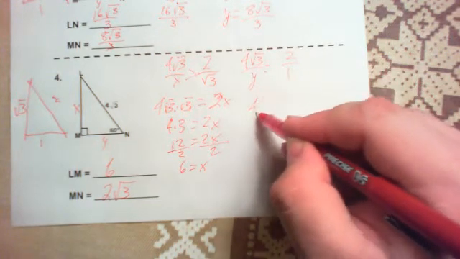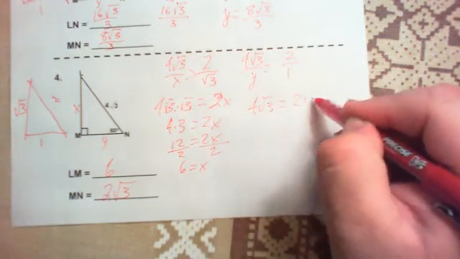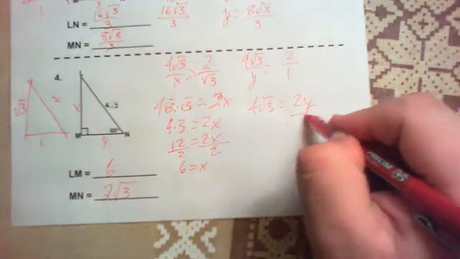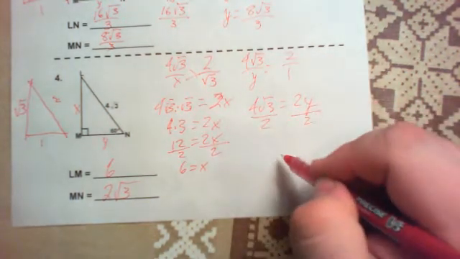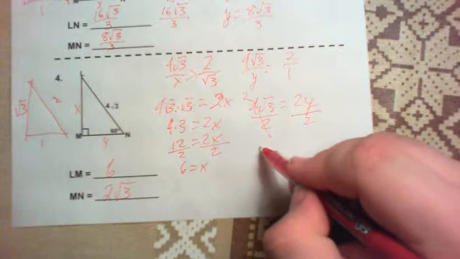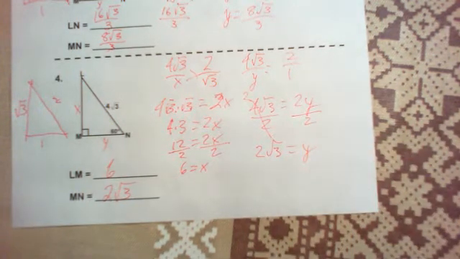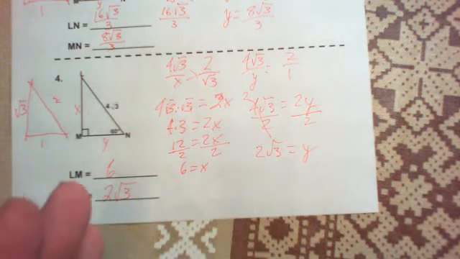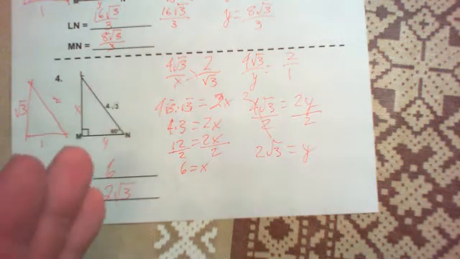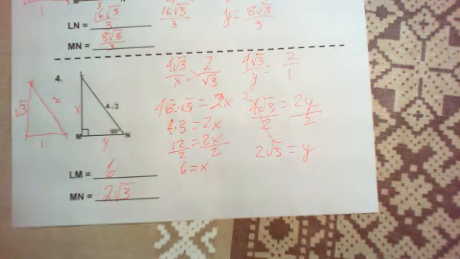So I get 4 times the square root of 3 is to 1 as 2 is to... y, so 4 times the square root of 3 equals 2y. Divide by 2, divide by 2. I get 2 times the square root of 3 equals y. So I just proved it mathematically, but I was able to eyeball it and say half of that is that. And thus I am finished.